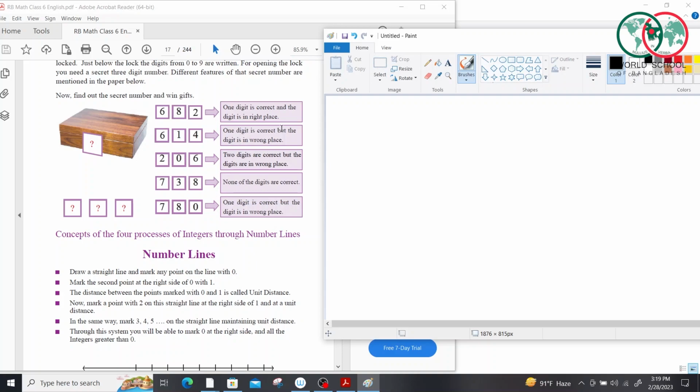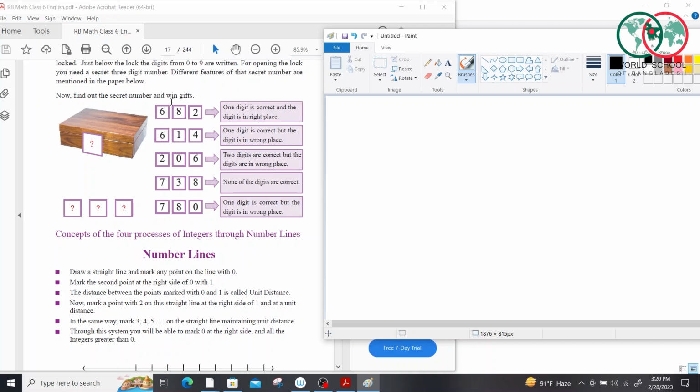One digit is correct, but the digit is in the wrong position. Here they have written that one digit is correct among these 3, but the position it is in is wrong. If we compare these two conditions, here one digit is correct and it is in the right position, and here one digit is correct but it is in the wrong position.